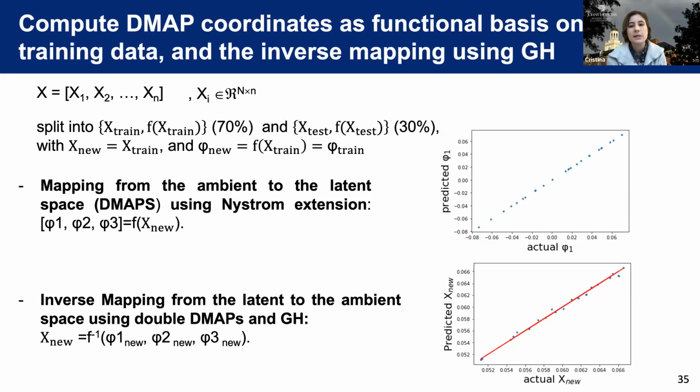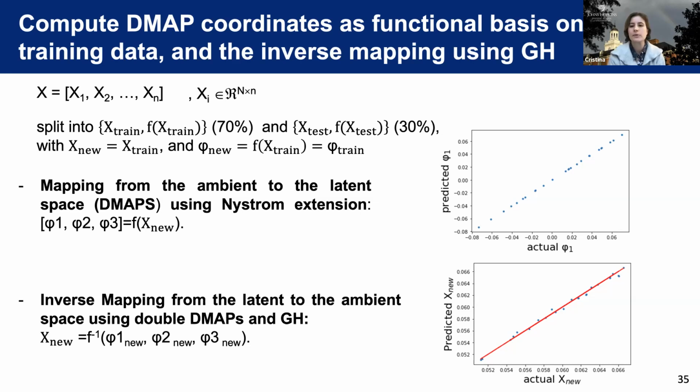Then we randomly split the data and target values, so the fits that we obtain using diffusion maps in the previous step, into a training and test set, both of them. And we compute the diffusion maps coordinates which are required now for interpolation on the training data. These coordinates are used as functional bases, which means that we take the eigenvectors ordered by corresponding eigenvalue, and we don't need to select the coordinates as for the dimensional reduction.